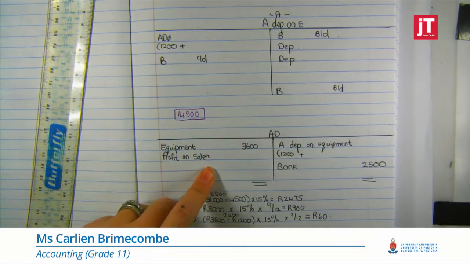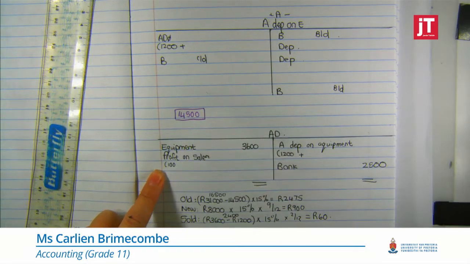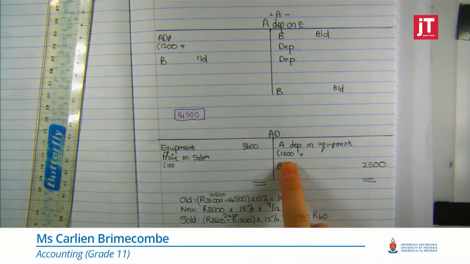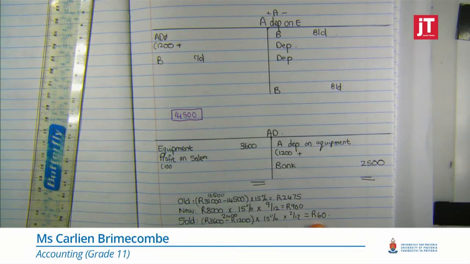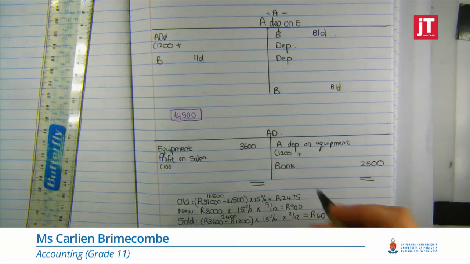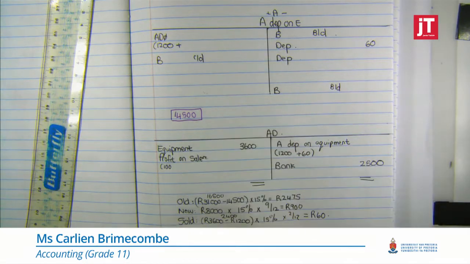I'm not going to get everything in. And that profit was equal to 100. But that 1,200 was the accumulated depreciation in the beginning of the accounting period. They haven't updated the accumulated depreciation yet. So it means that 60 Rand should have been added.